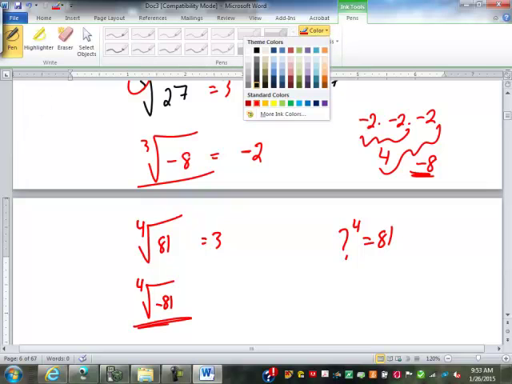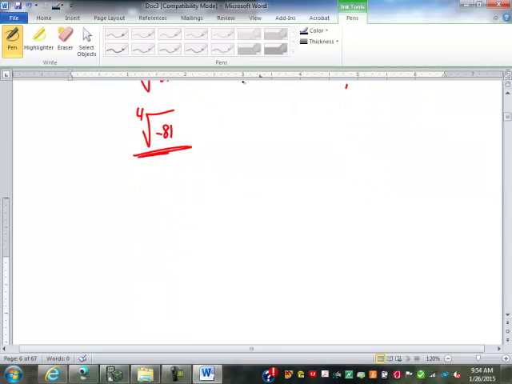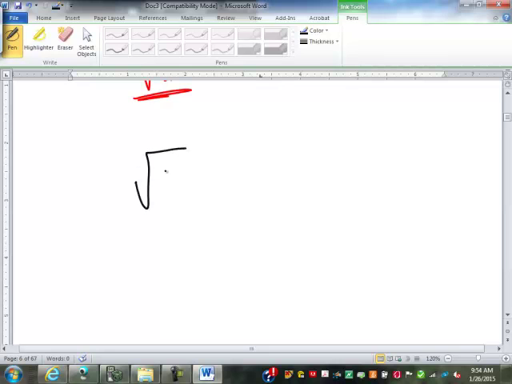Okay, now, with that said, if you were to go far enough in math, what I just told you is technically not true. Let's go back to the square root of a negative 1. As far as we know about real math, there is no number you can multiply by itself to get a negative 1.